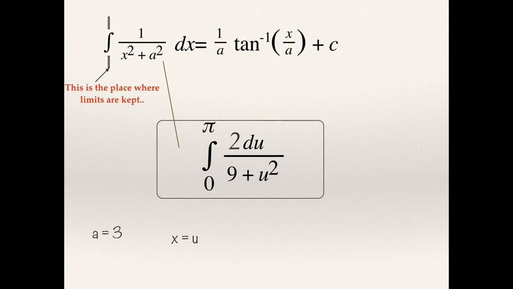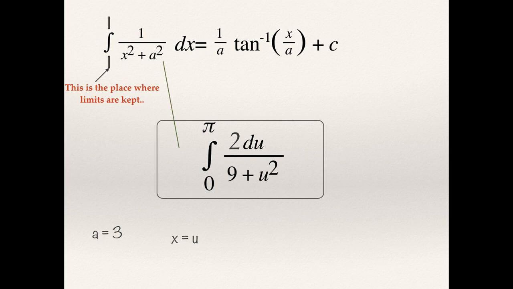Now, replace a is equal to 3. Why a is equal to 3? We know that 3 squared is equal to 9. So if in the denominator we need a square term, we can place 9 as 3 squared plus u squared. So x is equal to u and a squared is 3 squared, which is 9.